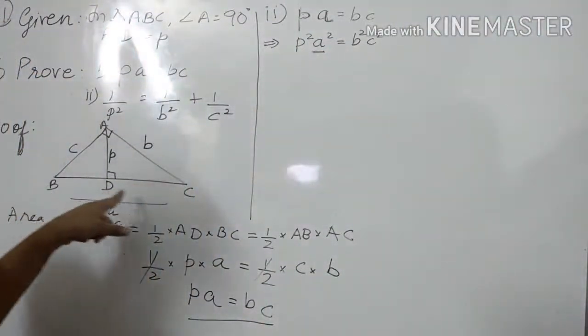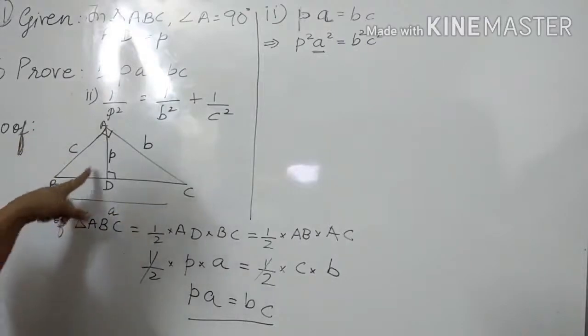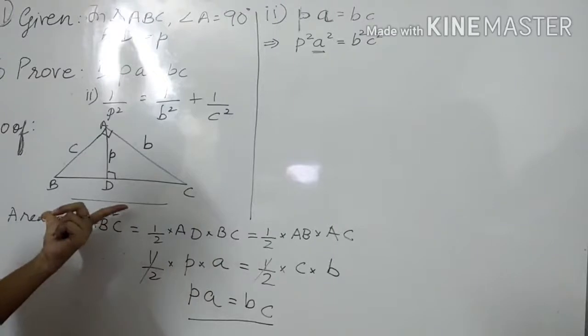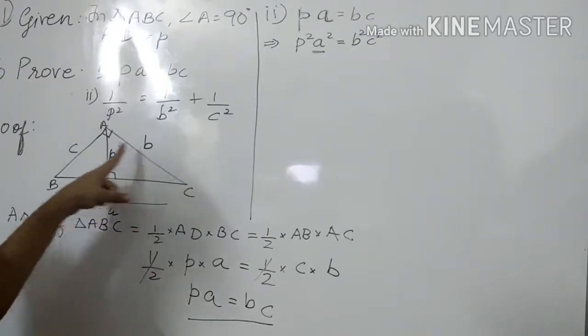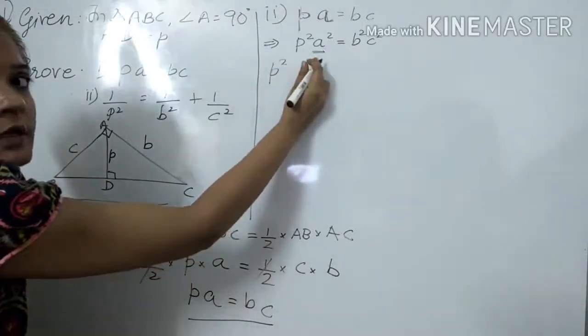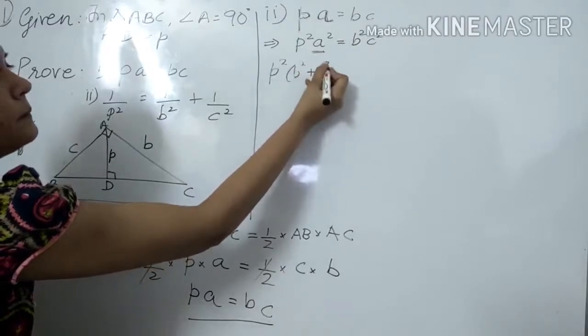You check, this is the triangle here in which angle A is 90 degrees. So opposite to it side A, that will be hypotenuse. So A square is equal to B square plus C square. So I will substitute, instead of A square, B square plus C square.